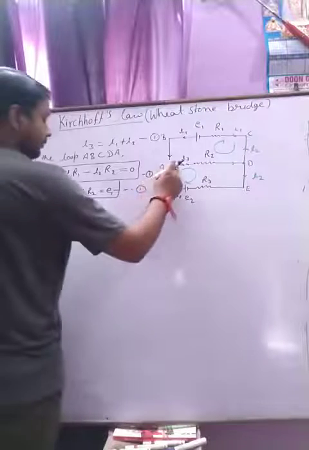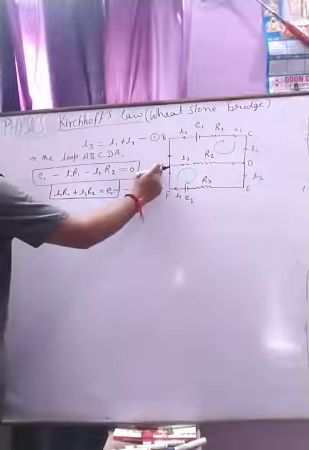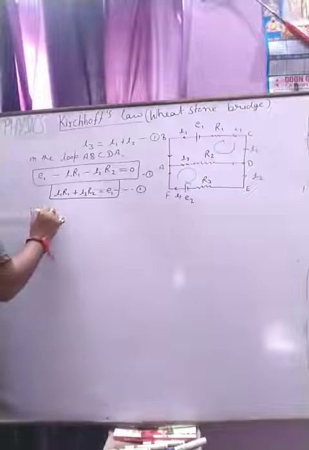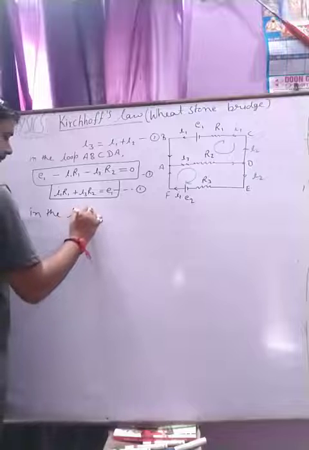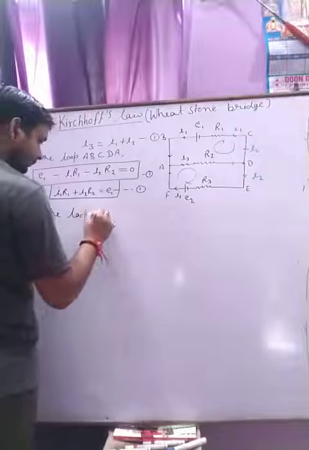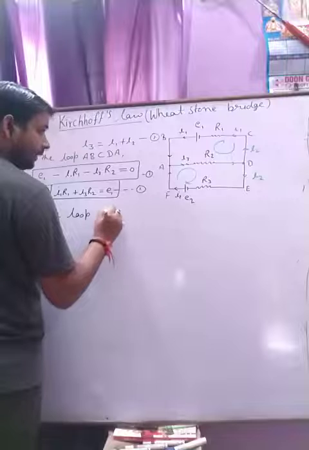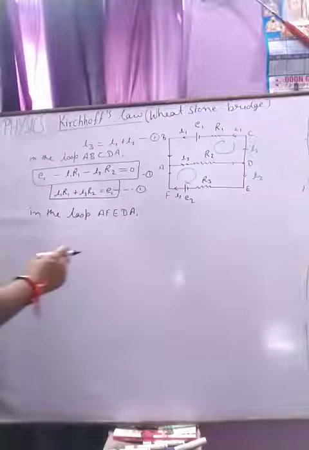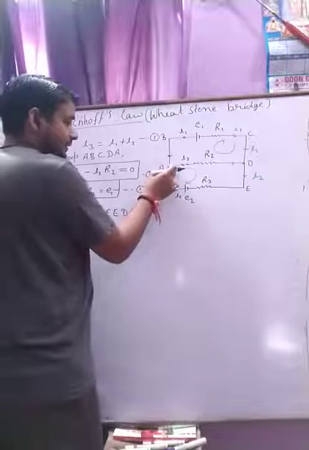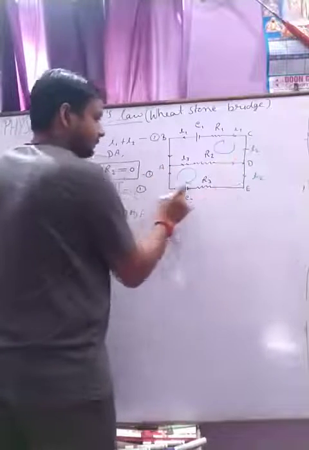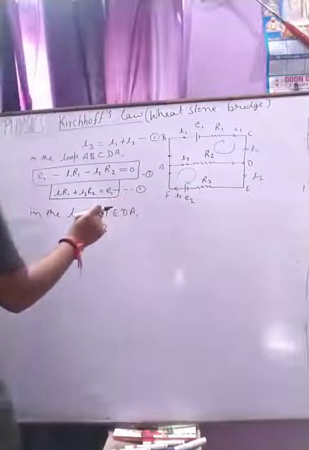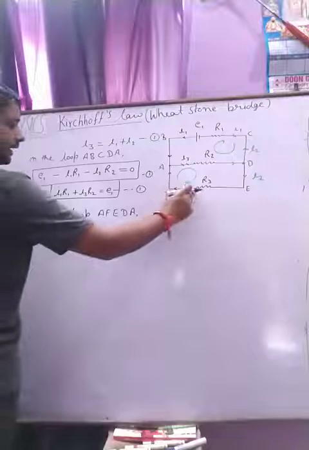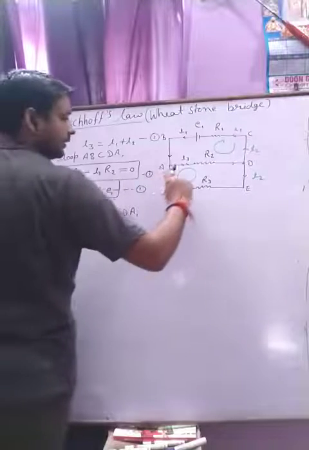Now similarly, we move in the loop AFEDA, with our calculation direction like this. When we are moving here, we first go from positive to negative terminal, and we turn back.